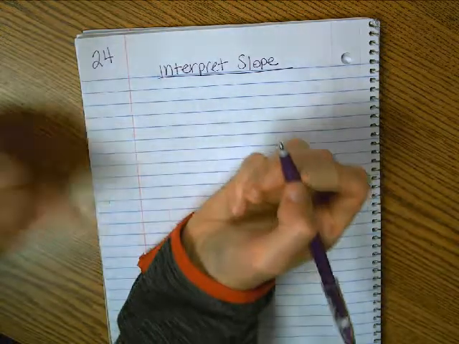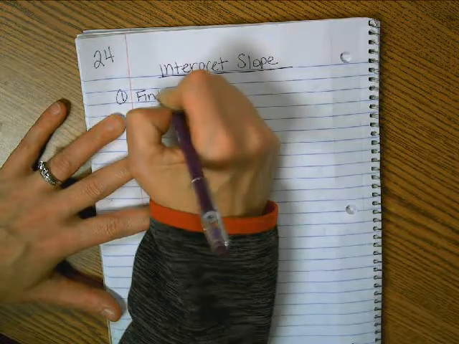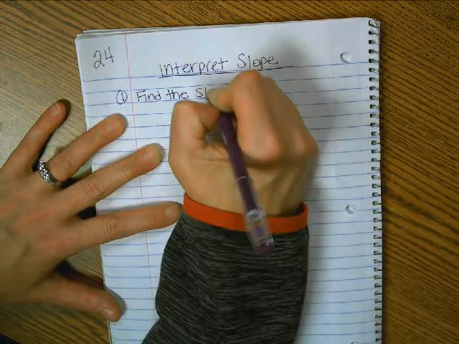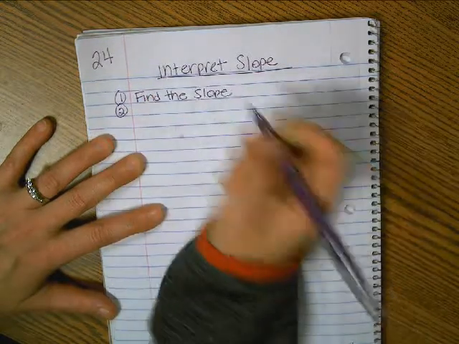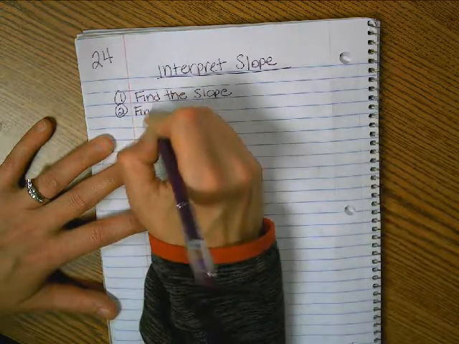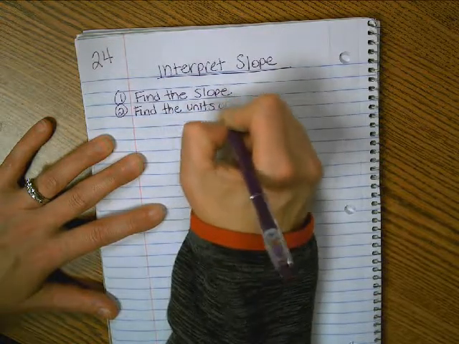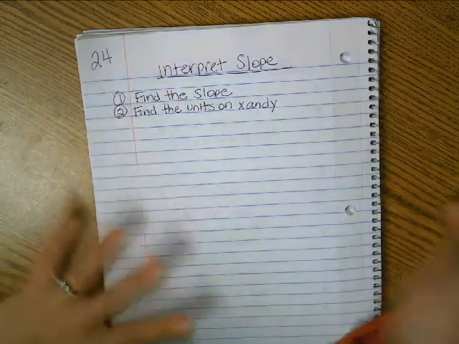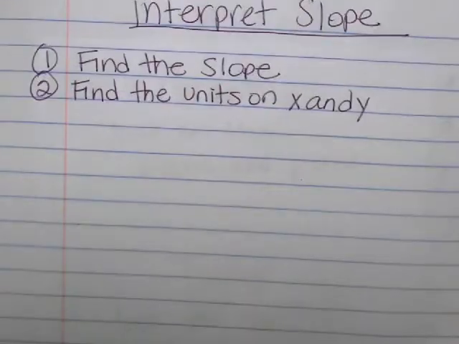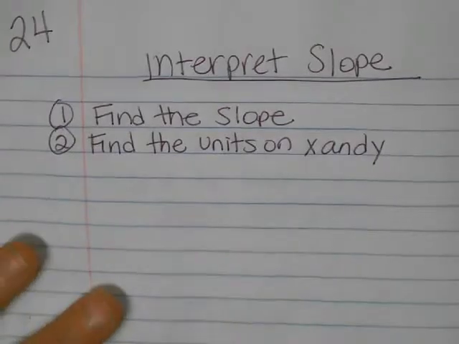So what you're going to do is step 1, you're going to find the slope. Then step 2, you're going to find the units on X and Y, whether it's on the Y-axis and the X-axis, or it's on the columns on the table, wherever, but you're going to find those units.